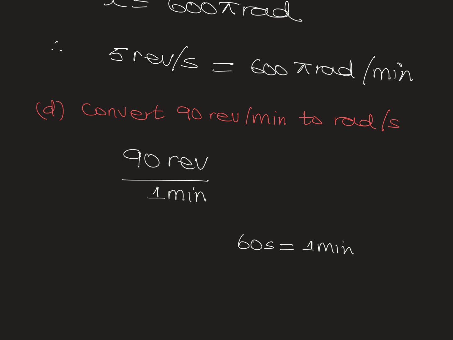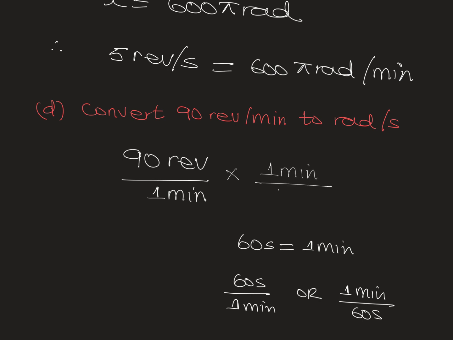So how do I express that in fraction? Is it 60 seconds divided by 1 minute or 1 minute divided by 60 seconds? Well, to be able to cancel, minute here is a denominator, so I have to multiply it where it is a numerator. So we're going to use times 1 minute divided by 60 seconds.